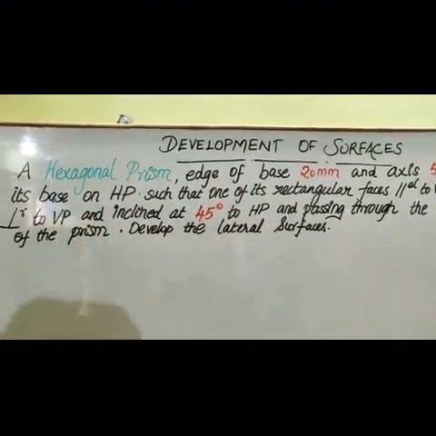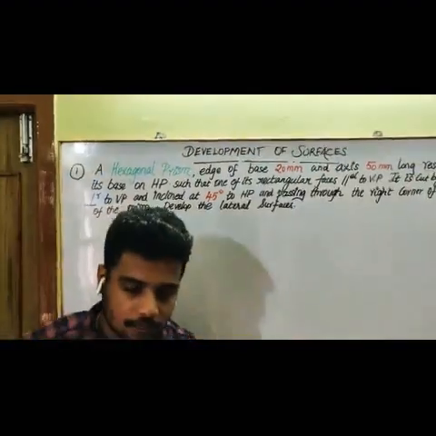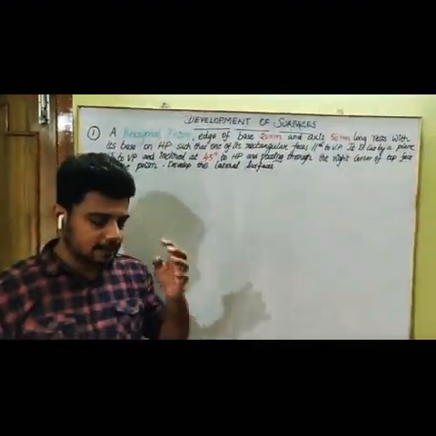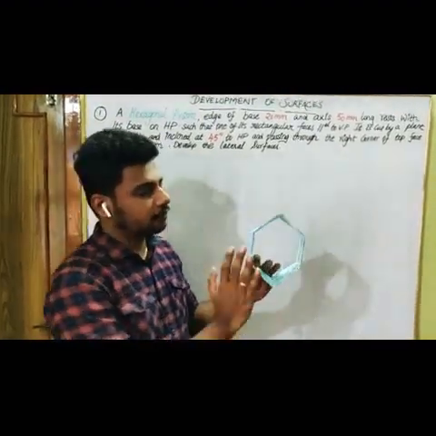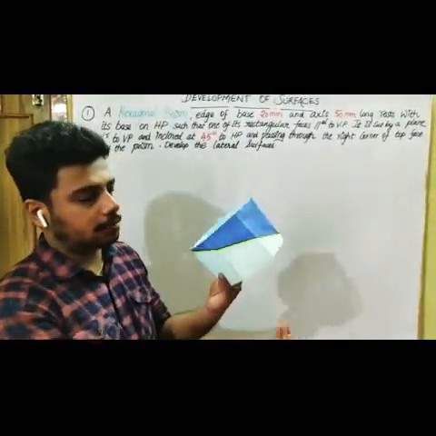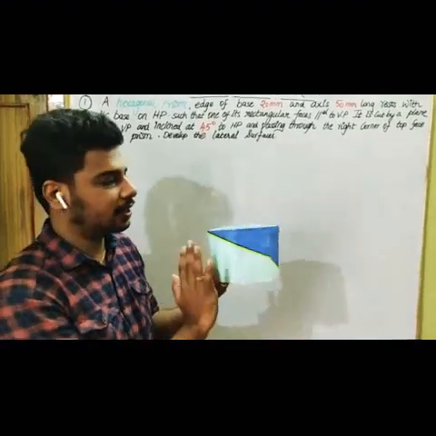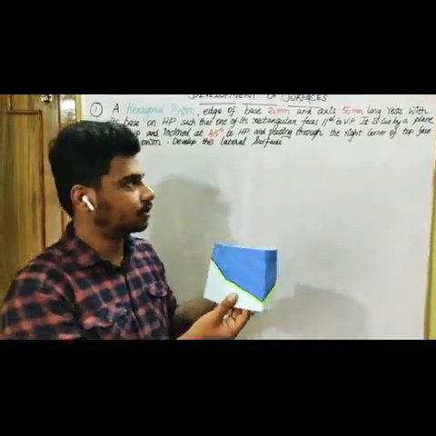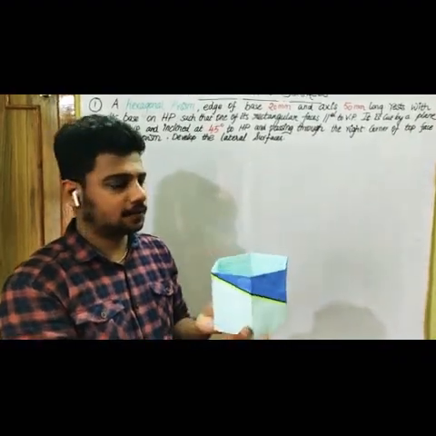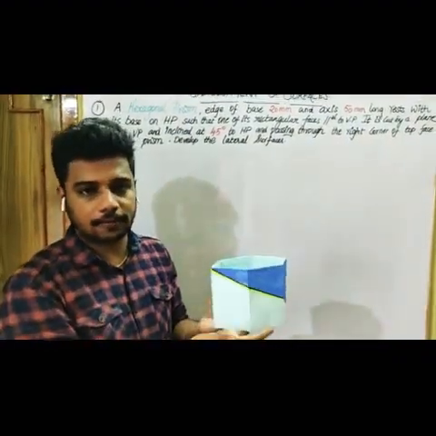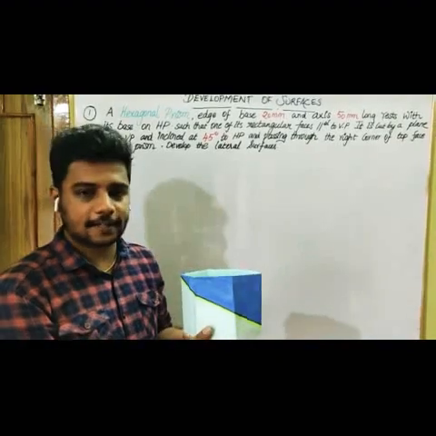Develop the lateral surfaces. This is what is given here. The object is a hexagonal prism. I have taken a hexagonal prism which does not have the top and bottom faces, only the lateral surfaces, for the purpose of this development of surfaces.